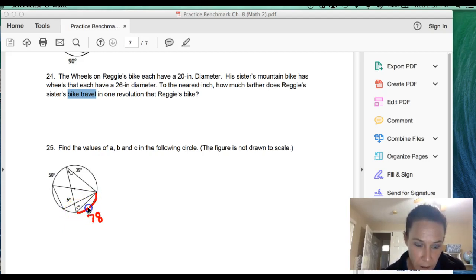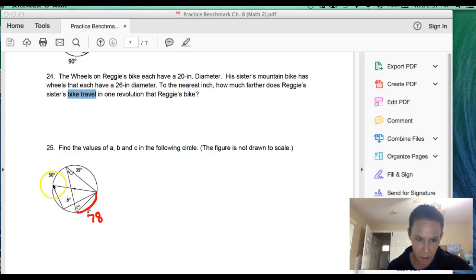Now I need to figure out C and B. Let's see what B would give me, what C would give me. C's intercepted arc would be here. I don't have anything on that yet.